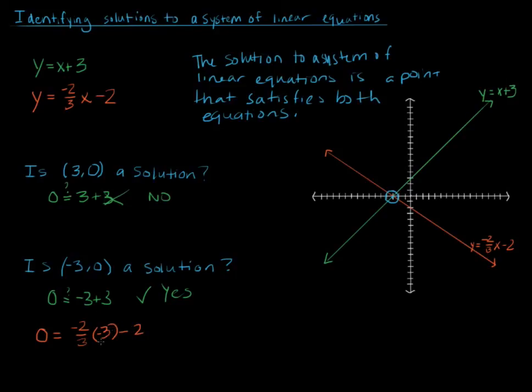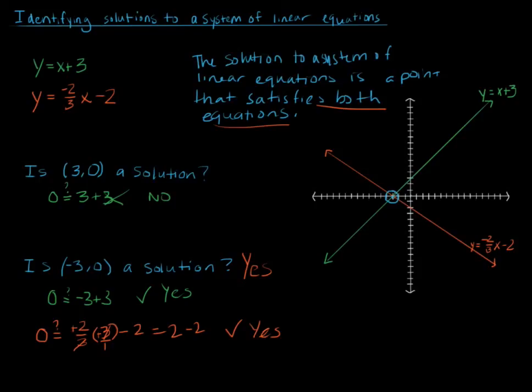The 3 in the denominator cancels with the negative 3, and the two negatives become positive. So this is equal to 2 minus 2, which is equal to 0, so yes. Two yeses means that it satisfies both equations, so it is a solution to the system of equations.